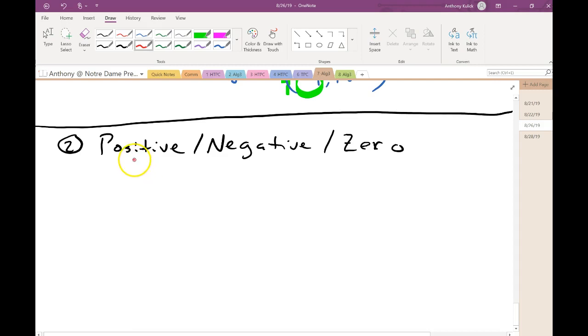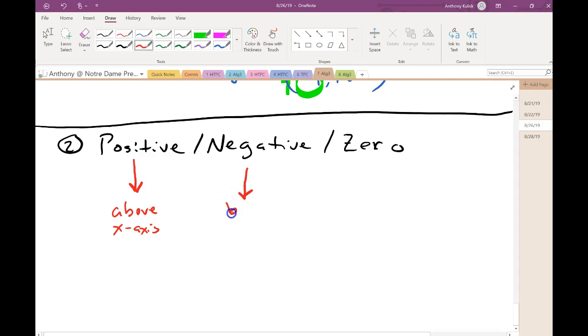So if I'm looking at a graph, where would the graph be positive? What would that look like on a picture? So it's above the x-axis. The graph is positive whenever it's above the x-axis.